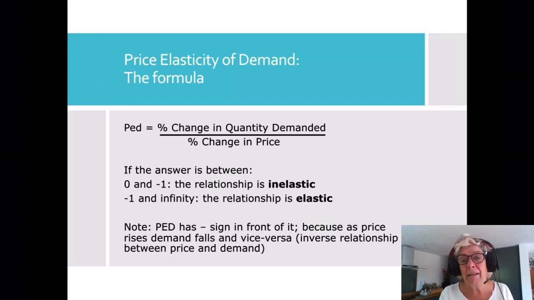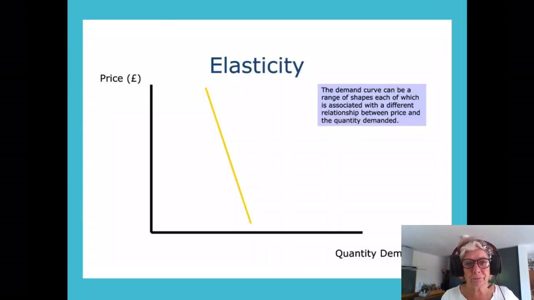Now, any elasticity calculation we make will result in a negative number because price and demand are inversely related. One goes up, the other goes down. So for purposes of elasticity, we ignore the minus sign and we just think if it's 0 point something, demand is inelastic. If it's 1 point something or bigger than that, then demand is elastic. Don't worry about that too much.